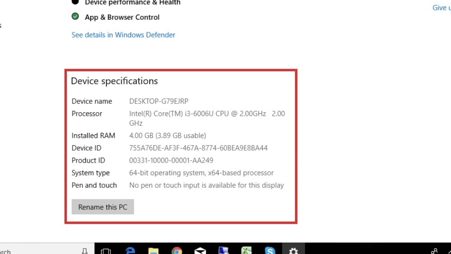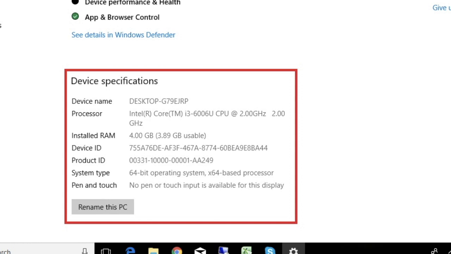Okay, so this is a typical specification section of your system. When you're buying a new system and someone asks you what's the specification of the system, this is where you go to look. The device name is irrelevant because it can be changed. Now the processor. Let me confirm you guys are seeing me.